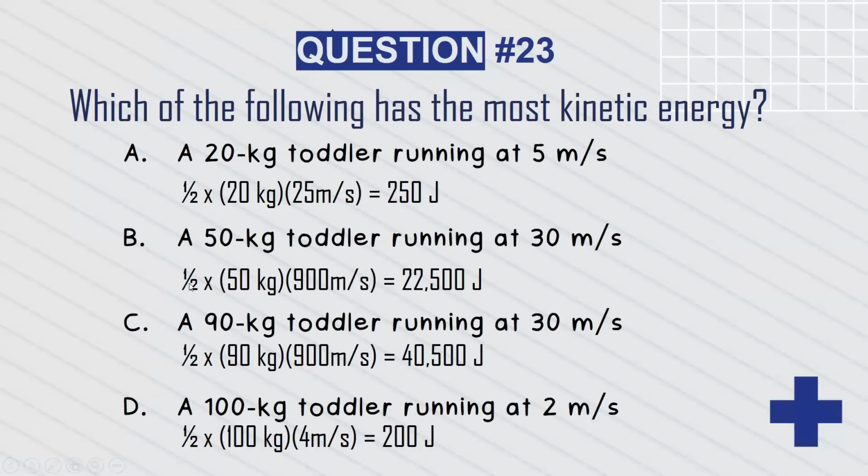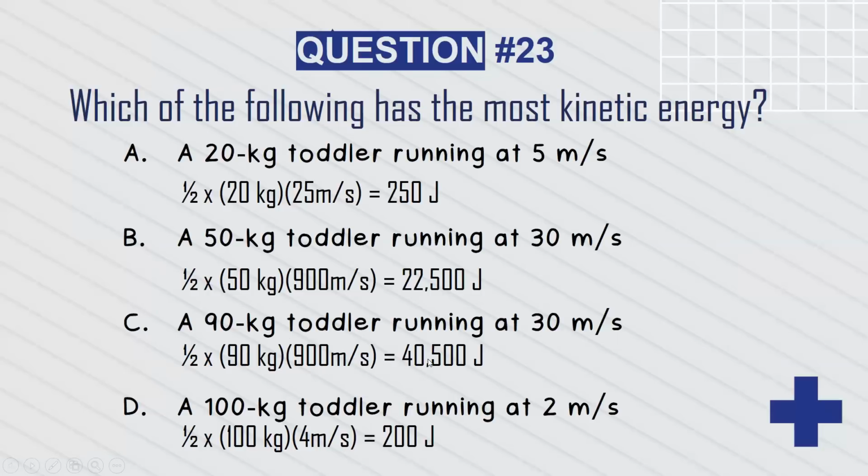For letter B, 1/2 times 50 kilograms times the square of 30 meters per second, which gives us 900 meters per second. So that gives us 22,500 joules kinetic energy. For letter C, 1/2 times 90. Again, let us square 30 meters per second, giving us 900 meters per second.